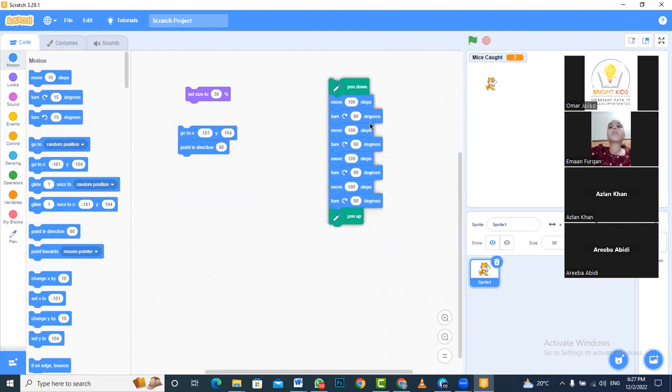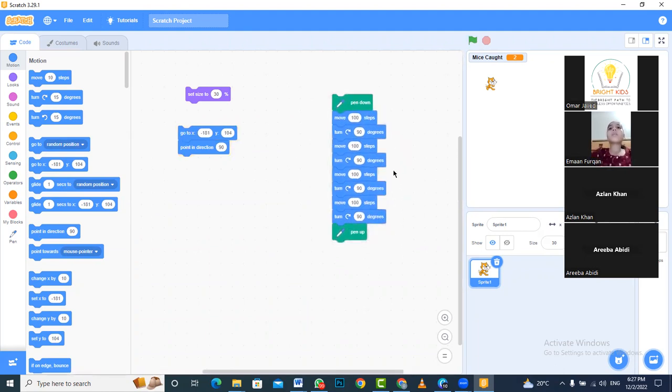So now I have compiled the code that can help me make the square. If I press this button now, it would help my cat make a square. Let's try it. Click on this button and see what happens.